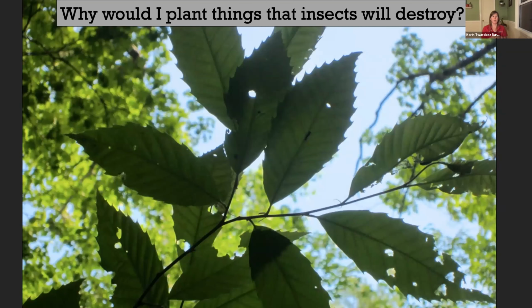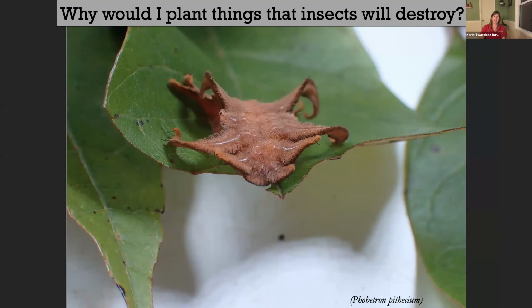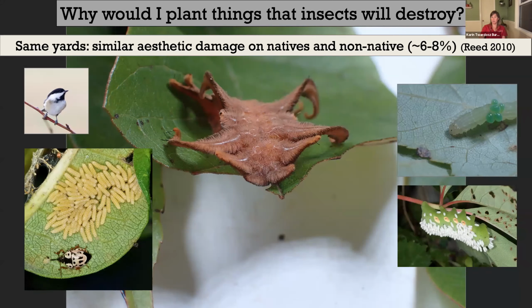So the question then becomes, why would I plant things that insects will just destroy? And I might argue, you have monsters that are going to come in and eat all of your plants. Why don't you? And the answer is that you are also supporting many other creatures that come in and eat all of those herbivores.